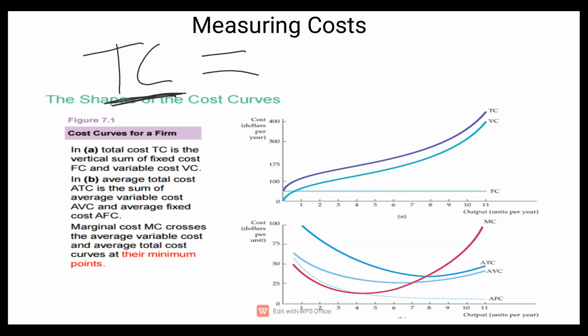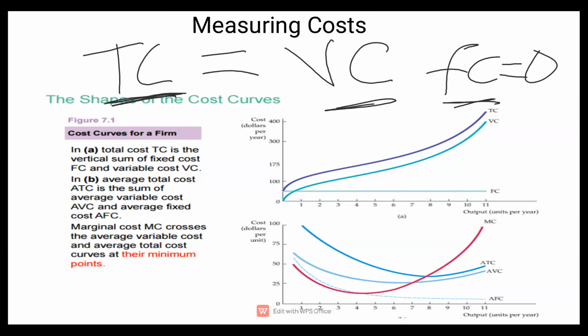Total cost will be equal to variable cost if and only if fixed cost is equal to 0. And at the same time, total cost will be equal to fixed cost if the variable cost is equal to 0.